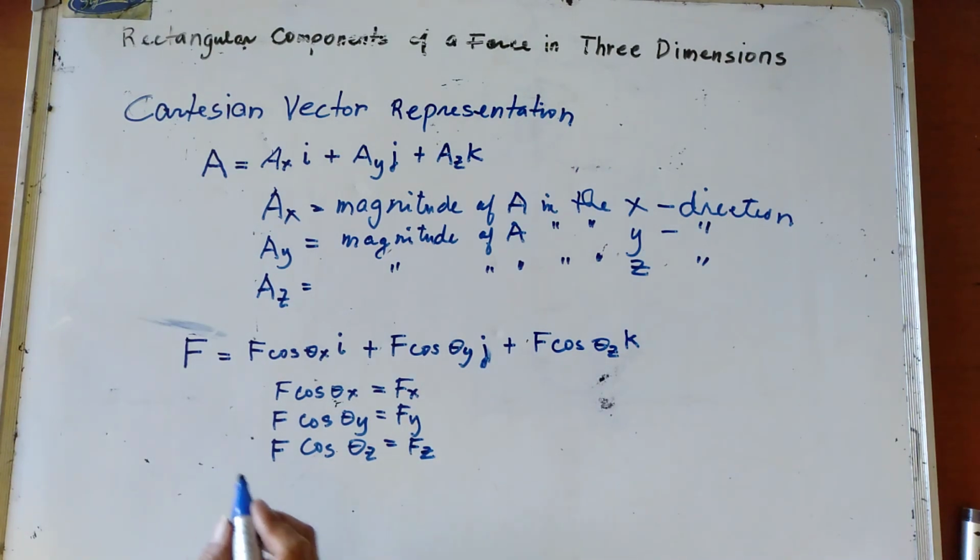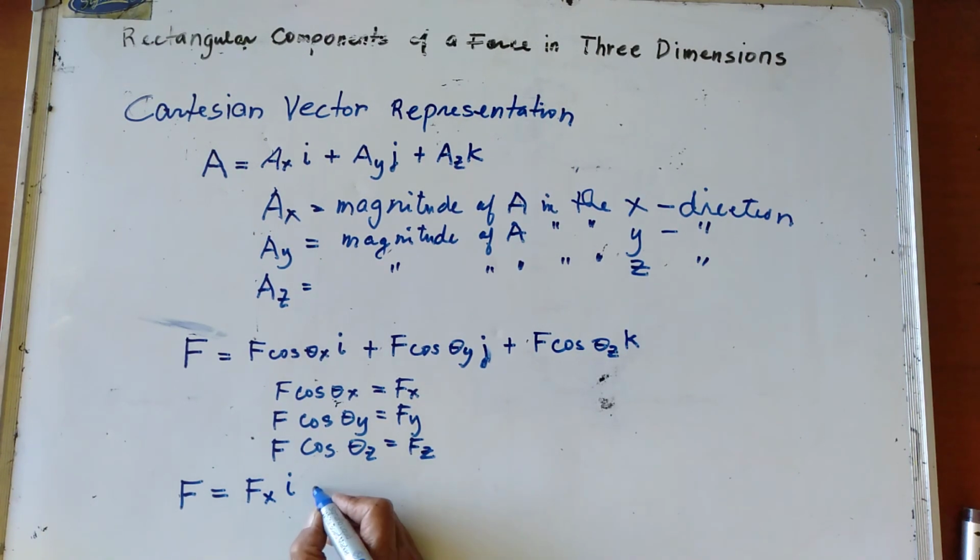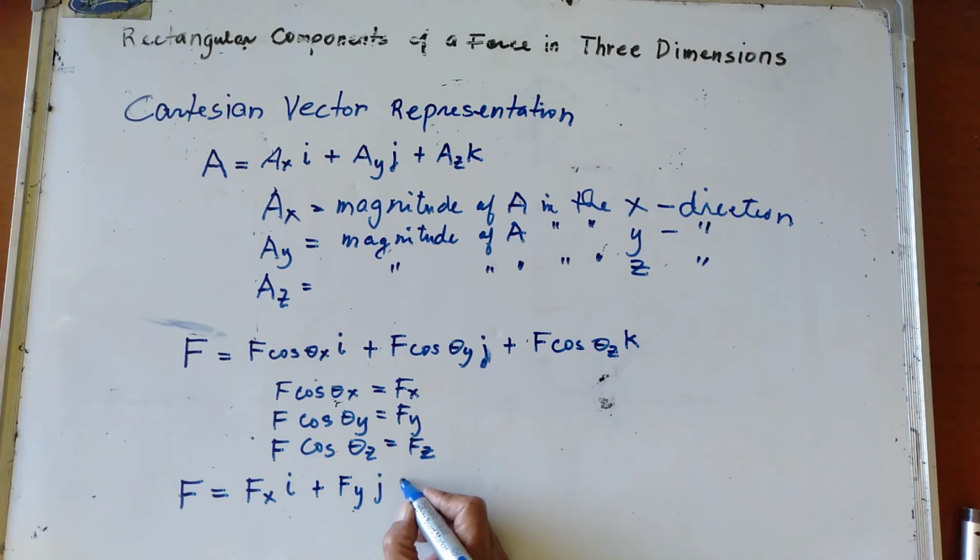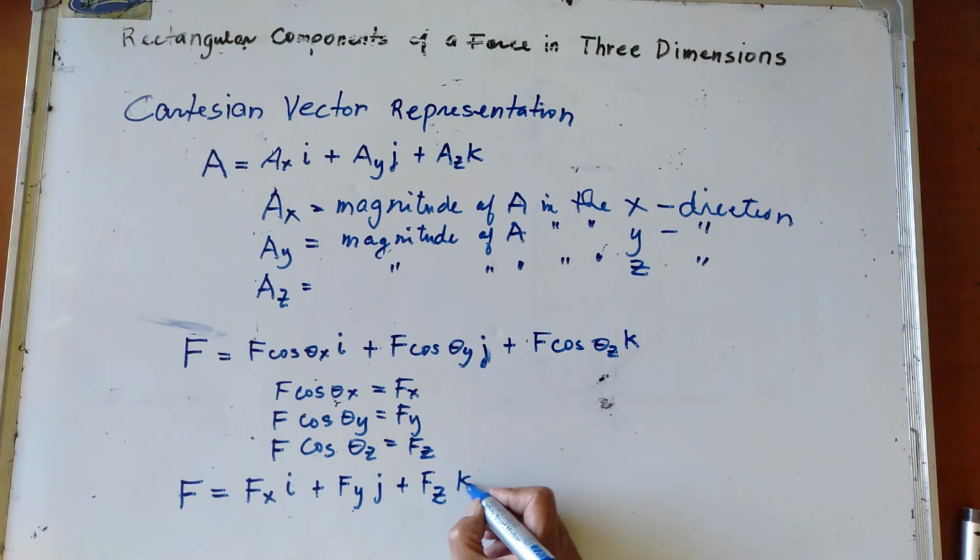So to represent the vector in its Cartesian form, F is equal to F sub x i, plus F sub y j, plus F sub z k. And this is therefore known as the standard Cartesian form of representing a vector.